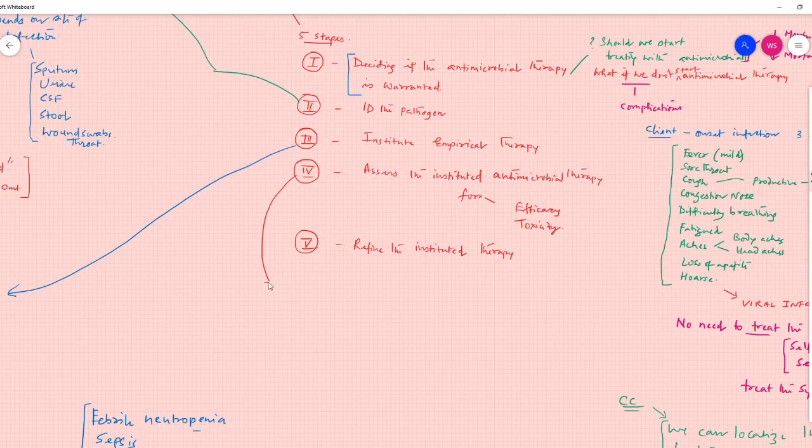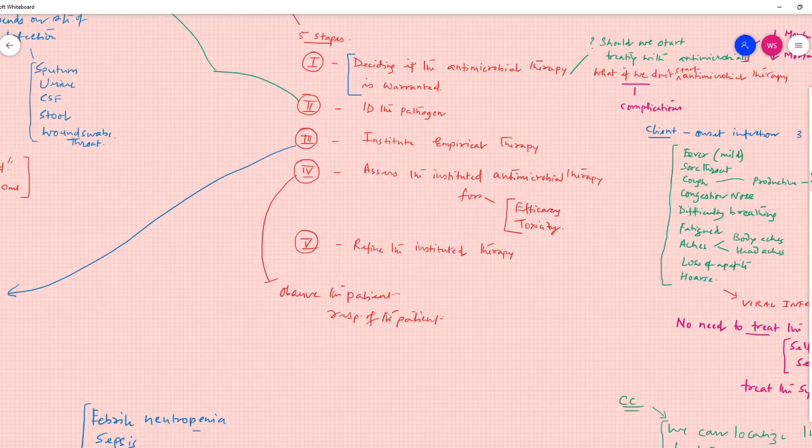So now the patient is already getting the empirical therapy. What we have to do is assess the drug that we have given for efficacy and toxicity. So we continue to observe the patient and the response of the patient, and when we observe, we know whether there is any toxicity. The last step is to refine the instituted therapy.